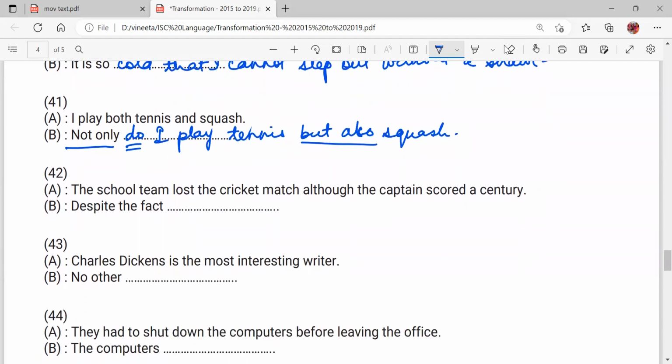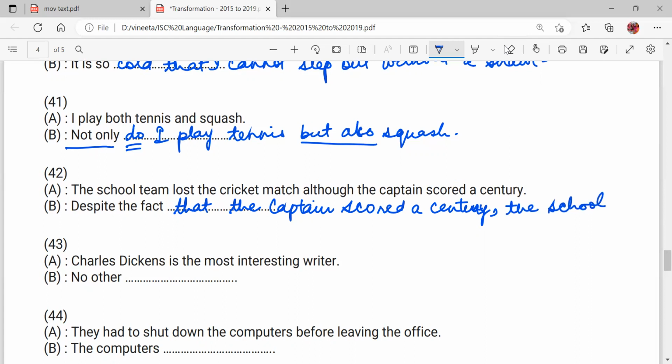The school team lost the cricket match, although the captain scored a century. Despite the fact that the captain scored a century, comma, the school team lost the cricket match.